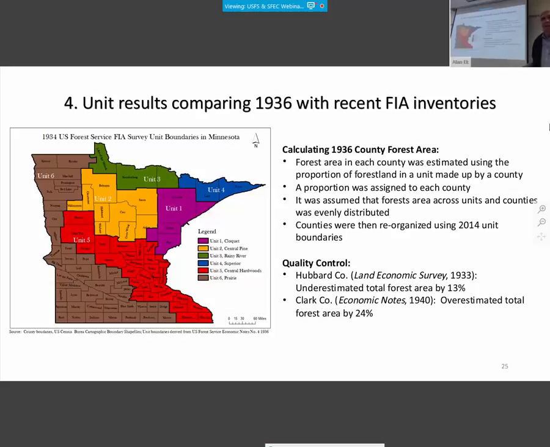Volume per acre, cubic foot volume, board foot volume, cover type areas, and everything else, but not trees per acre. So for these comparisons I talked about in terms of anything trees per acre, you'll see a little footnote down on some of these slides that says excluding 2 million acres of forest in Unit 4. And then Aiken County was one of these counties that was divided between survey units and took a little extra adjustment, so to speak.